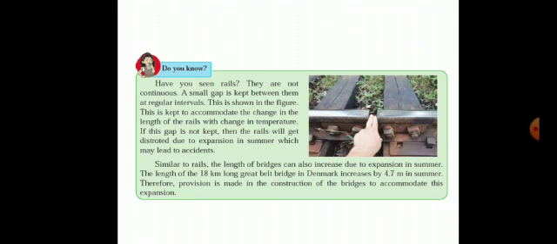Similar to rails, the length of bridges can also increase due to expansion in summer. The length of the 18-kilometer long Great Belt Bridge in Denmark increases by 4.7 meters in summer. Therefore, provision is made in the construction of bridges to accommodate this expansion. So here the practical application of expansion of solid is discussed.